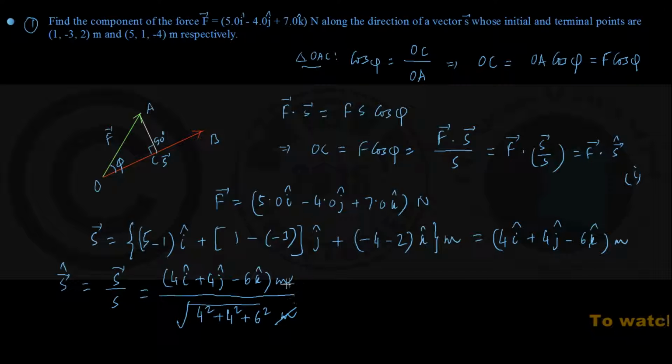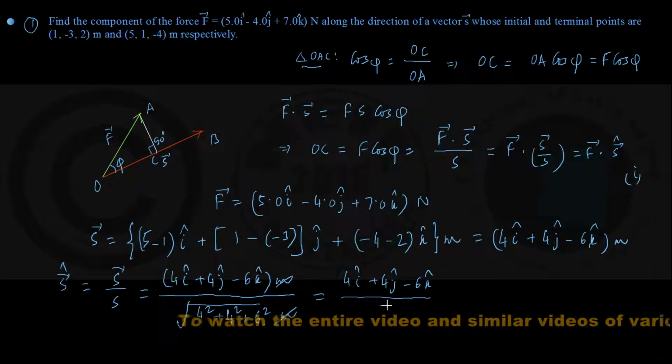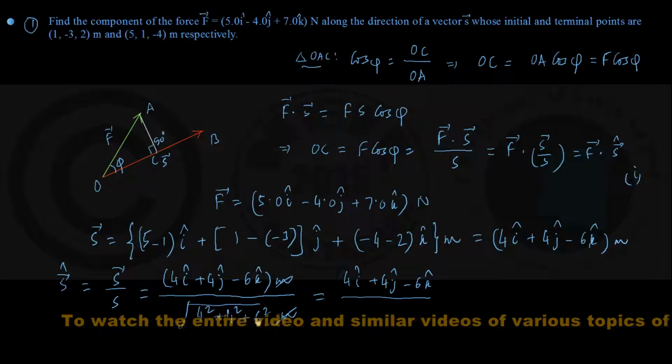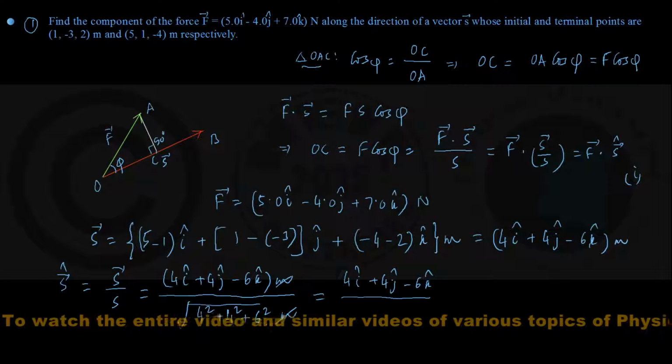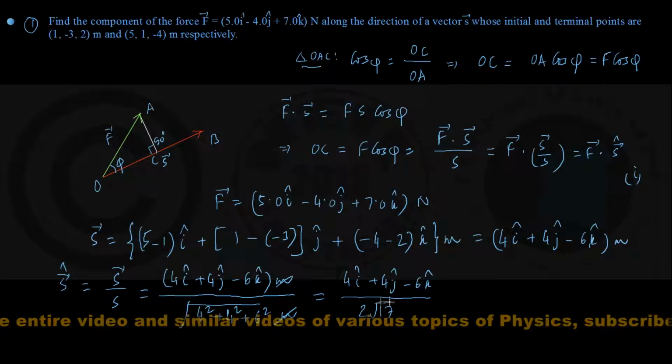The unit meter cancelling out, the unit vector S cap is coming out to be, you can check it, 4i cap plus 4j cap minus 6k cap divided by the square root of 16 plus 16 plus 36, that is square root of 68, and this is of course 2 into root over 17.